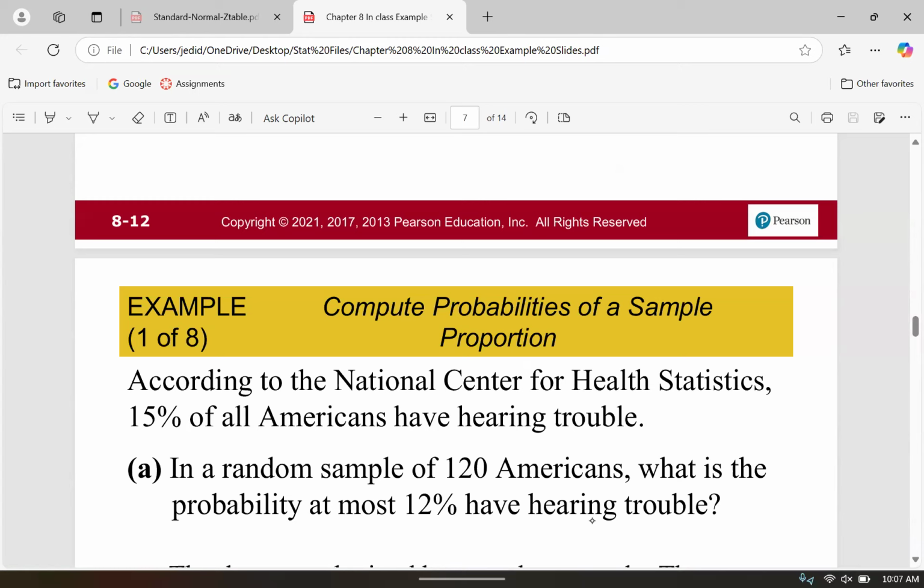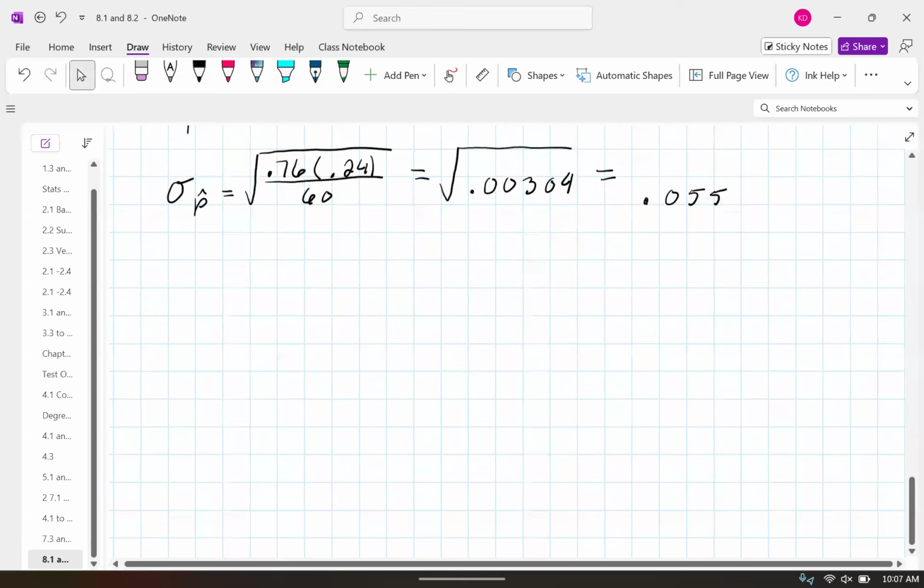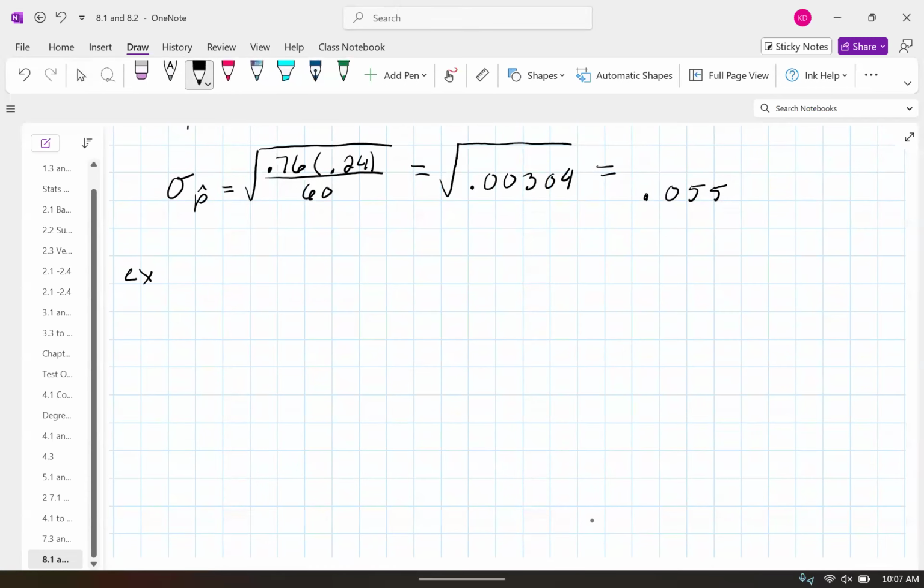According to the National Center for Health Statistics, 15% of all Americans have hearing trouble. In a random sample of 120 Americans, what's the probability that at most 12% have hearing trouble? So my n is 120.